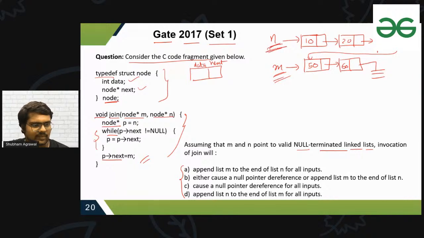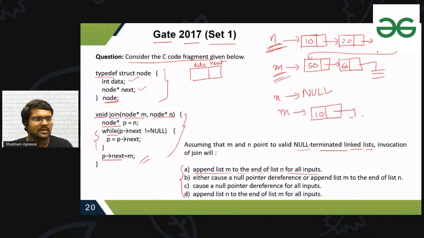So if we see the option, append list m to the end of list n for all inputs. Yes, it is appending the list, but for all inputs? We have taken this example, and for this example it is working fine. So let's take another example in which we have n pointing to null, and we have m which is pointing to a node, a single node linked list.